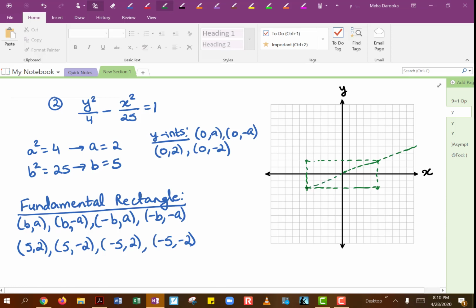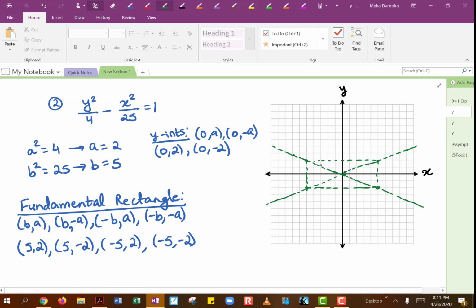Okay, so this will be going out here. So the other one going out this way. Okay, so these would be our diagonals over here.